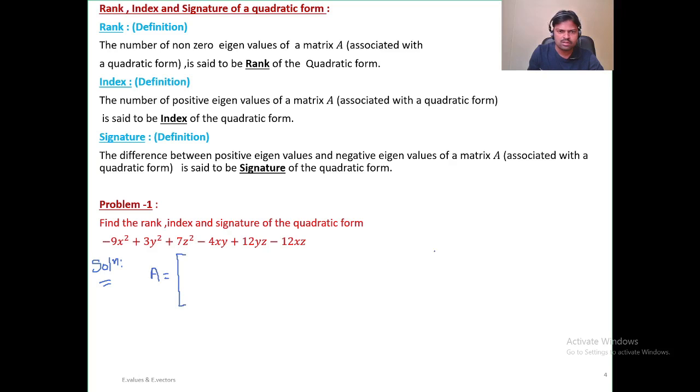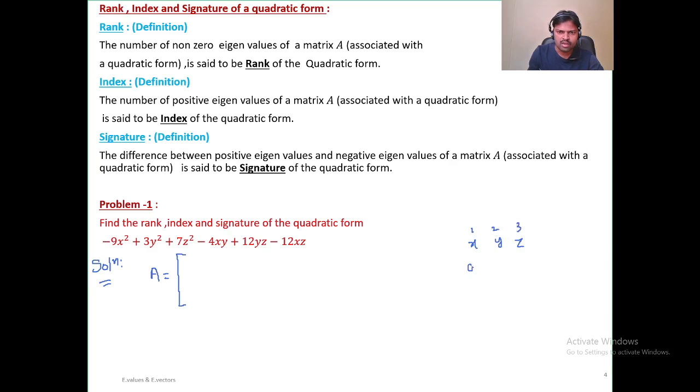So how many variables are there here? X, Y, Z. Three variables are there in this quadratic form. So therefore it is a 3 by 3 matrix. Let us call x the first variable, y the second variable, z the third variable.